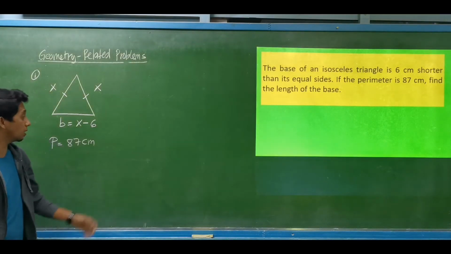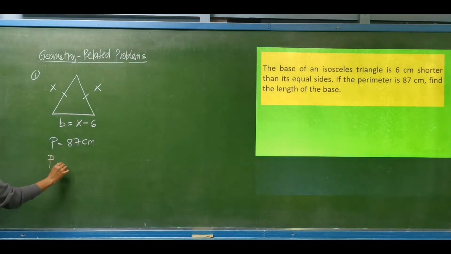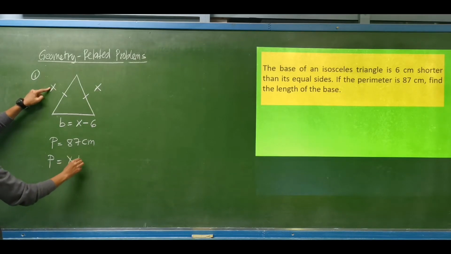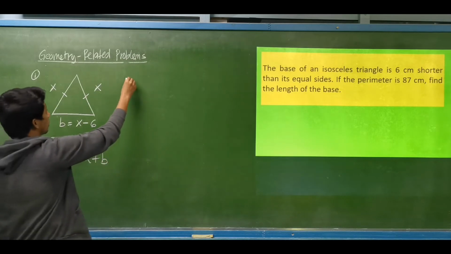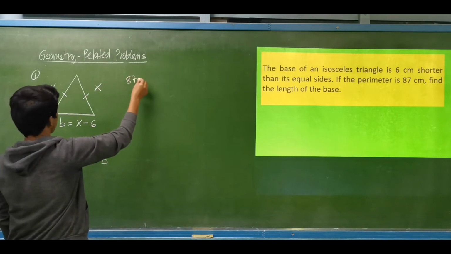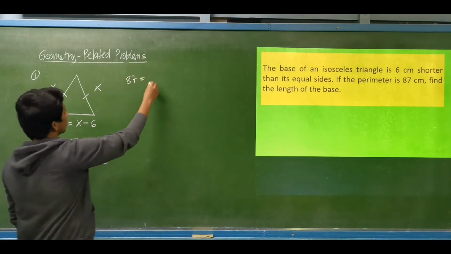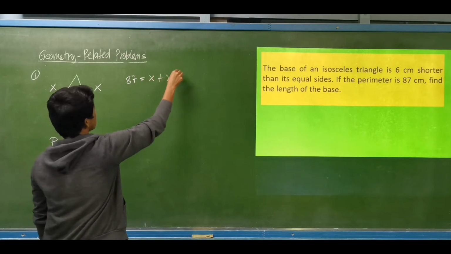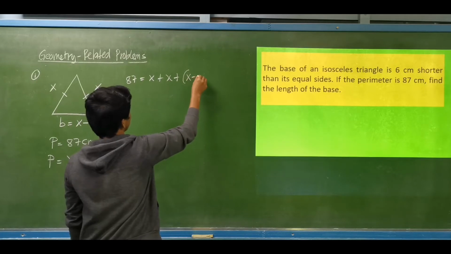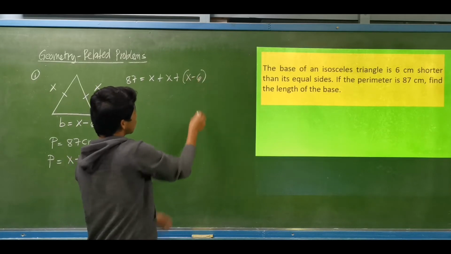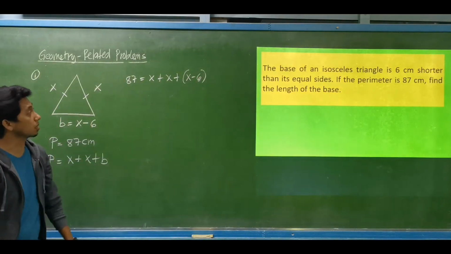If we say perimeter, basically that is the sum of the sides. So perimeter is equal to x plus x plus the base. We have 87 equal to x plus x plus the equivalent of the base, which is the dimension of the equal sides minus 6.